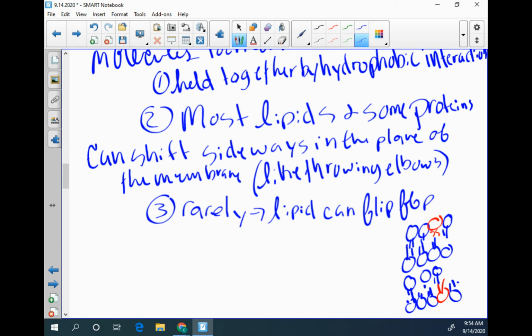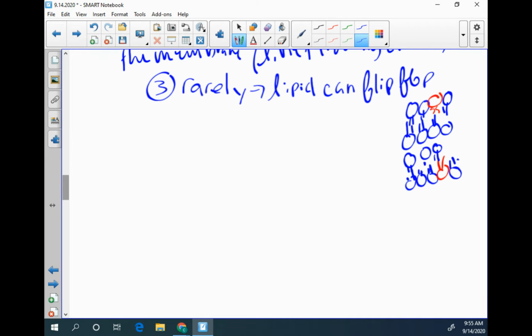It's just going to flip sides. But there are so many packed in there that the space it was in is going to be taken up relatively quickly. But it can flip sides. What happens more regularly is that lipids switch positions side by side.